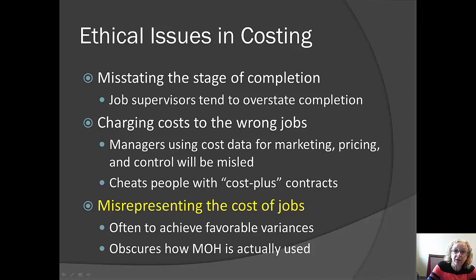In addition, this also hides the actual consumption of overhead. It's very important for a firm to understand its own cost structure, and that understanding is based on reliable management accounting information.